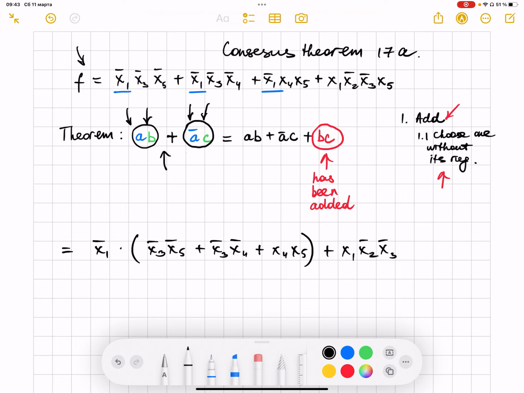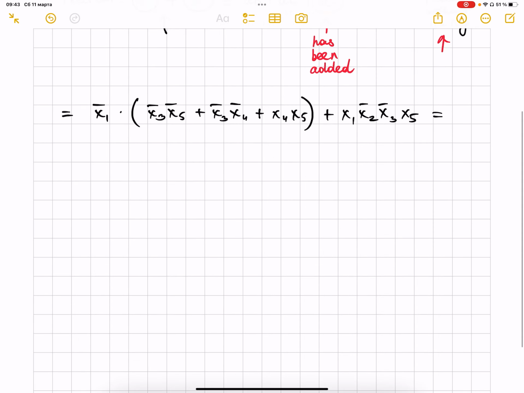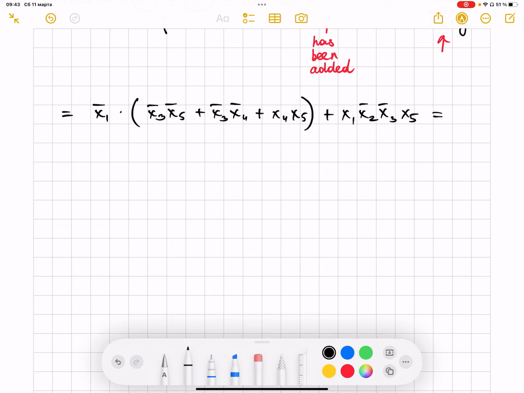So this task is to minimize the given function, and during the process of solving it we are to use the consensus law. So now let's analyze this bracket. So what do we have here? As you can see, we have three elements.